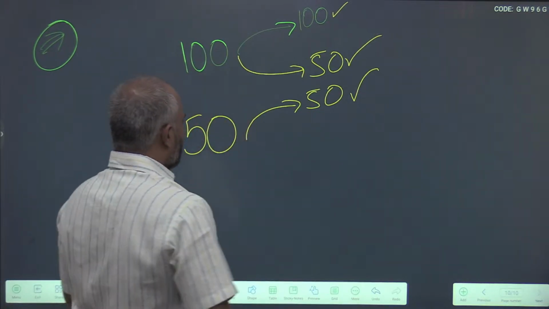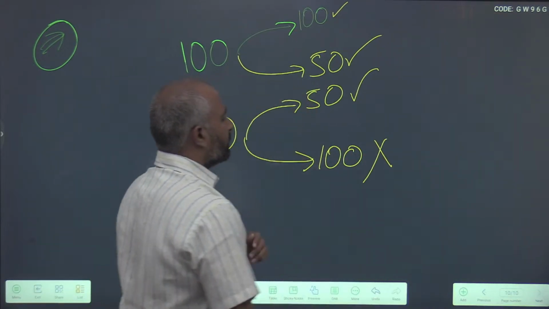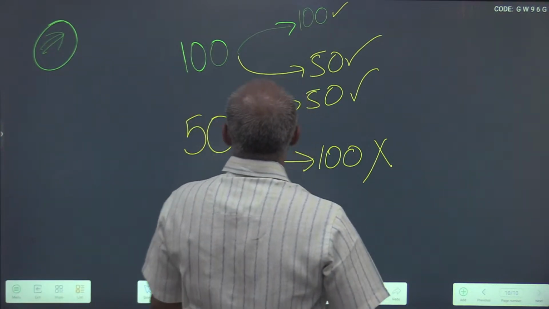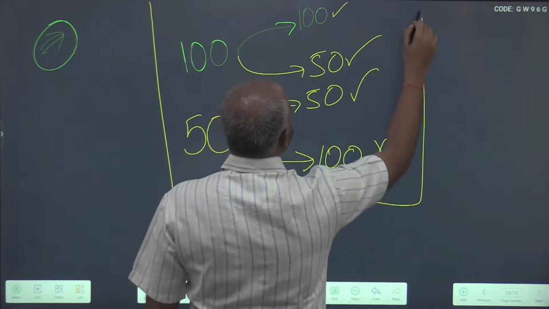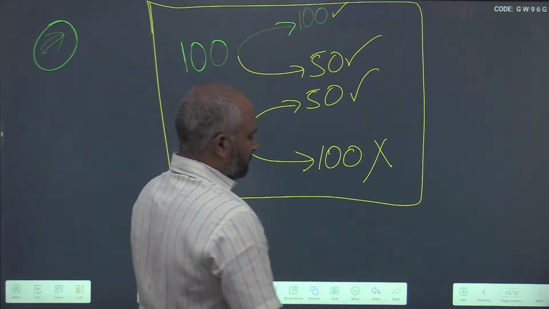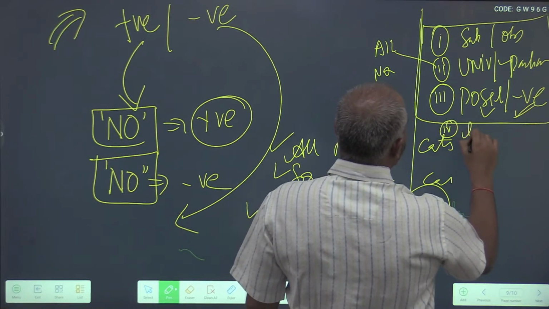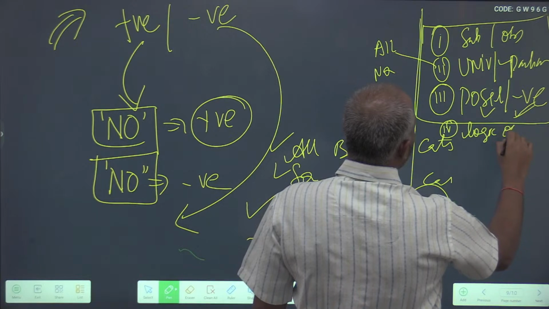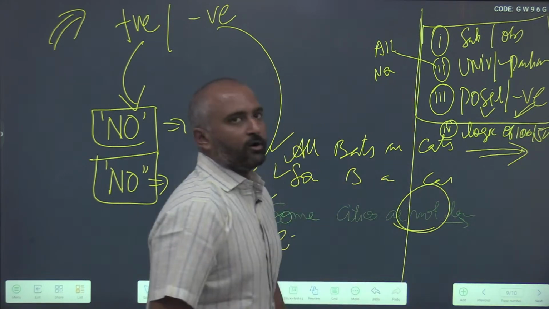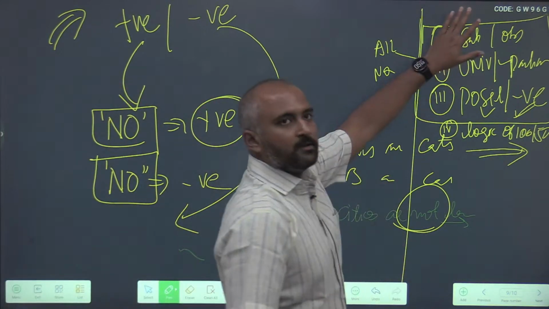Yes. But can I give 100 rupees to someone? No, because I only have 50. I hope this point is clear. So the next one is the logic of 100 or 50.